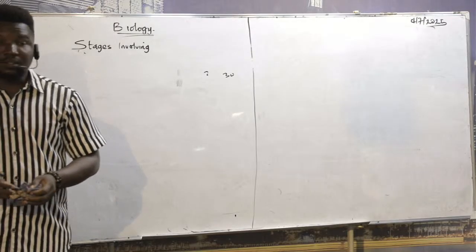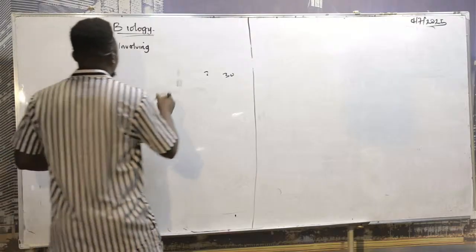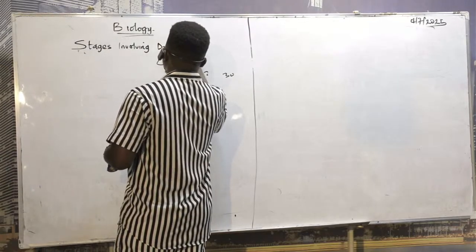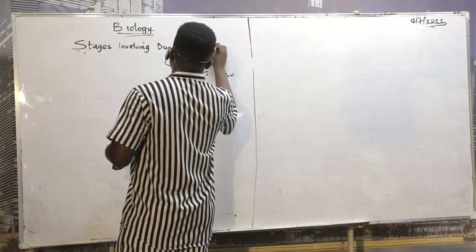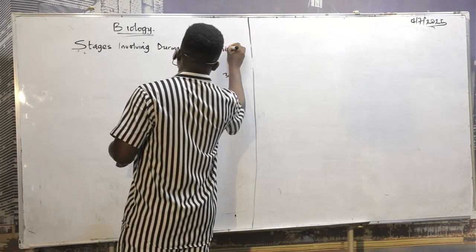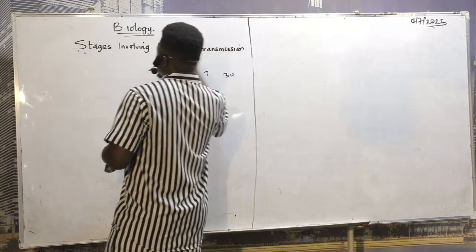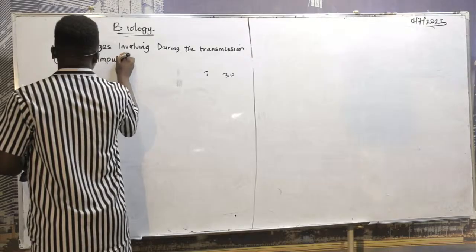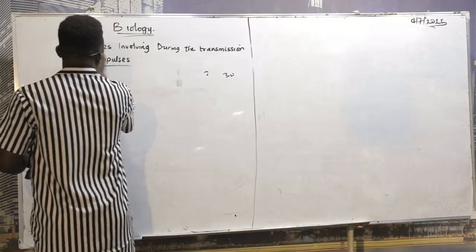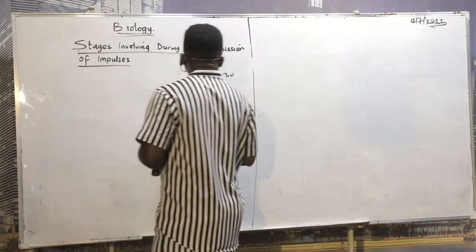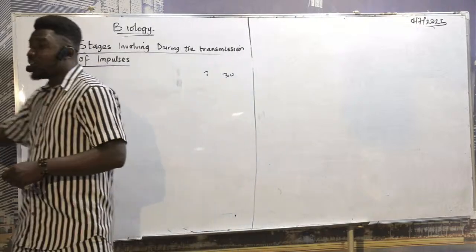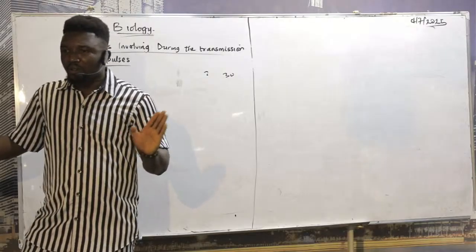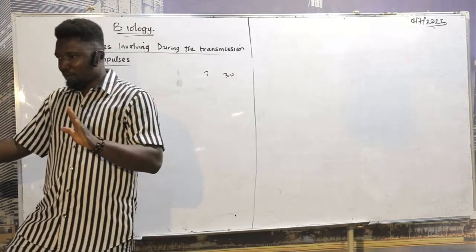The third part. Efferent. Another name for efferent neuron is motor neuron. What is the work? The work is to carry impulses from where?